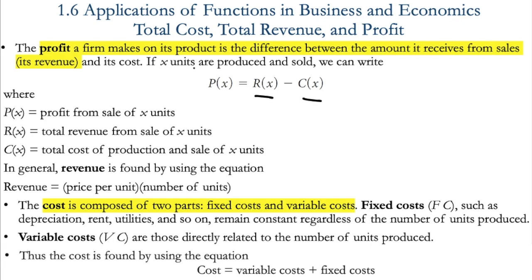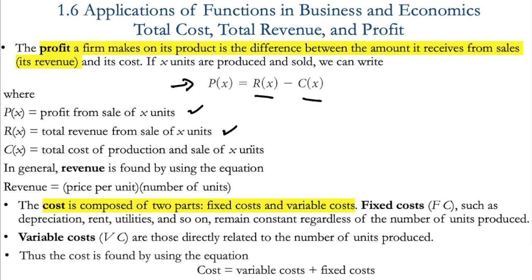Let's say x units are produced and sold. Formally, in generic form, we can have a profit function given by P(x) = R(x) - C(x), where P(x) is profit from sale of x units, R(x) is total revenue from sales of the same x units, and C(x) is the total cost of production and sale of x units.